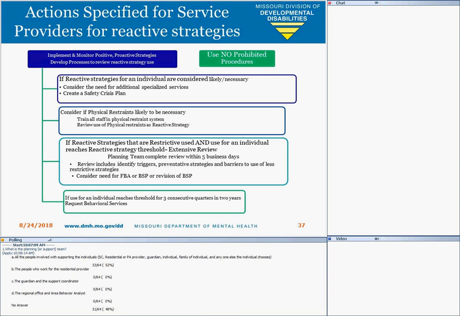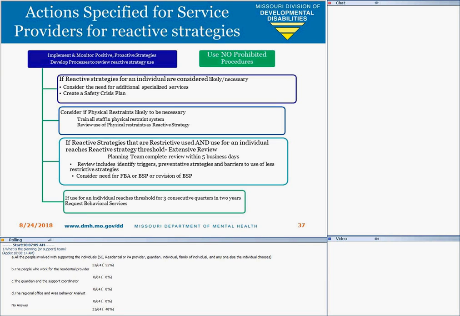This is a scheme of actions that are specified for service providers when reactive strategies are to be necessary. So the purple box shows you that you're implementing and monitoring the use and the effectiveness of positive proactive strategies, and that you've developed a process to review reactive strategy use.